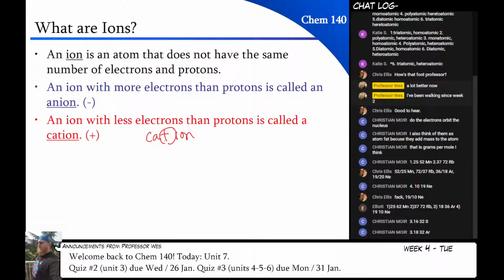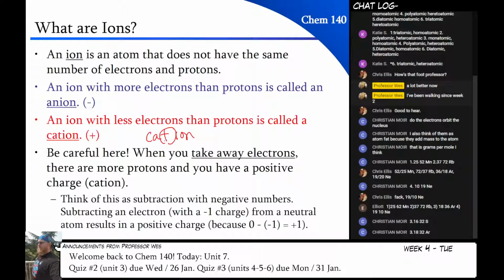So, anions are the other thing. If cations are positive, anions must be negative. Now, the real thing that is going to screw people up here, and I see this every time I teach Chem 140, is that when you are making something positive, it is because you are removing the negative thing. So, if you are taking away electrons from an atom, it gets more positive as a result.